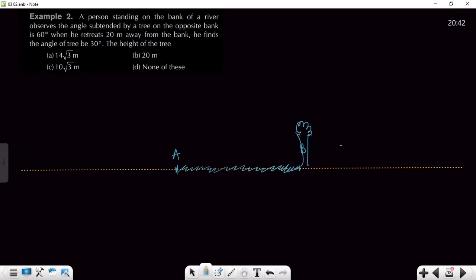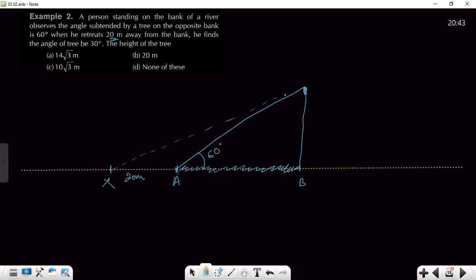Okay, so instead of drawing a tree here, for a better understanding in mathematics, let's draw it like a straight line. So this is the tree, and this is subtending an angle of 60 degrees. When the person moves back 20 meters away from the bank, let's say at point X, the angle now becomes 30 degrees.